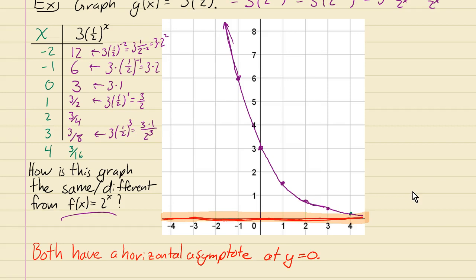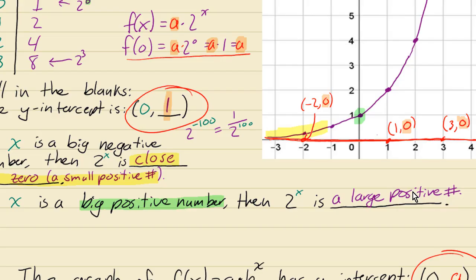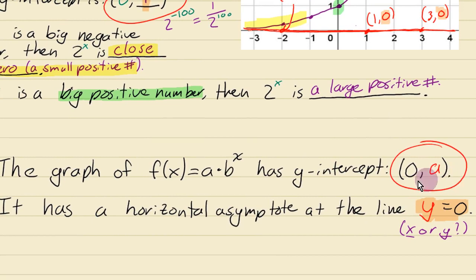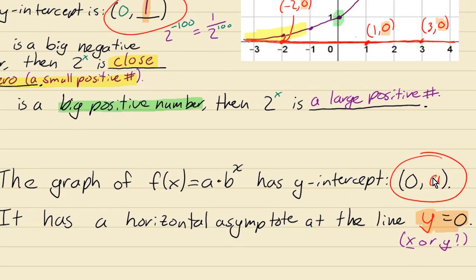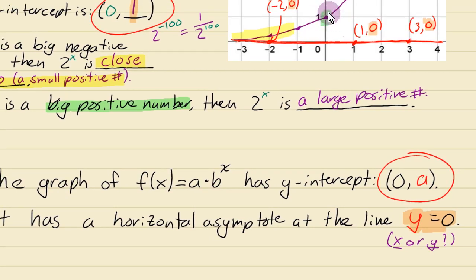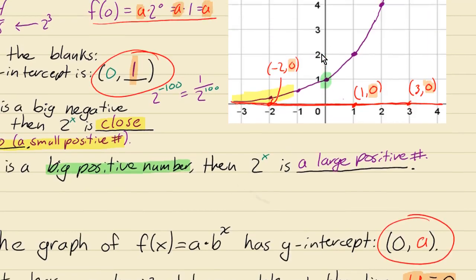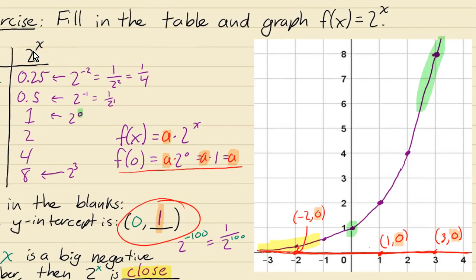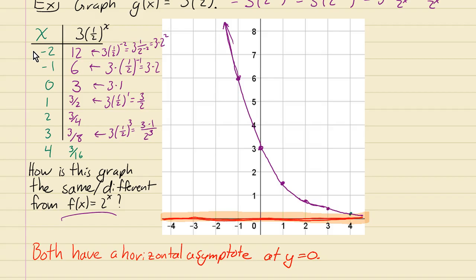So that's one thing they both have in common. Another thing they both have in common is the y-intercept, 0a. In the previous one, the intercept was 0, 1 because the value of a there is 1, if you write it as 1 times 2 to the x. In this one, the value of a is 3, and we still have that point there.